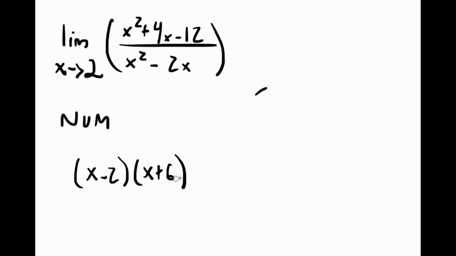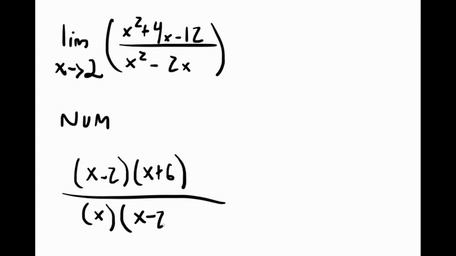And so it's literally just going to be x minus 2 times x plus 6, divided by x times x minus 2. And now that we've broken apart the numerator and the denominator, we could get rid of x minus 2.